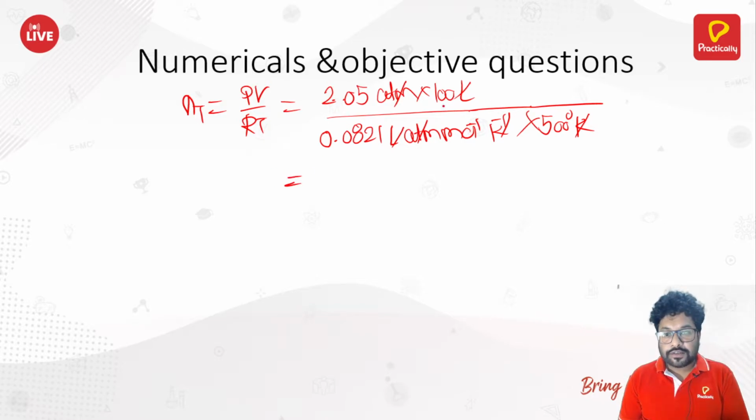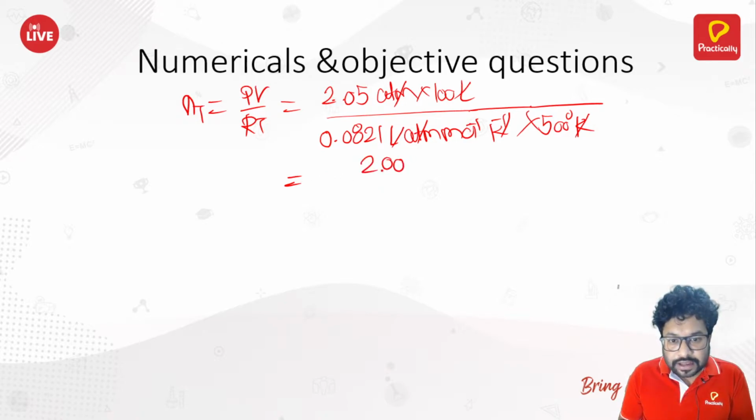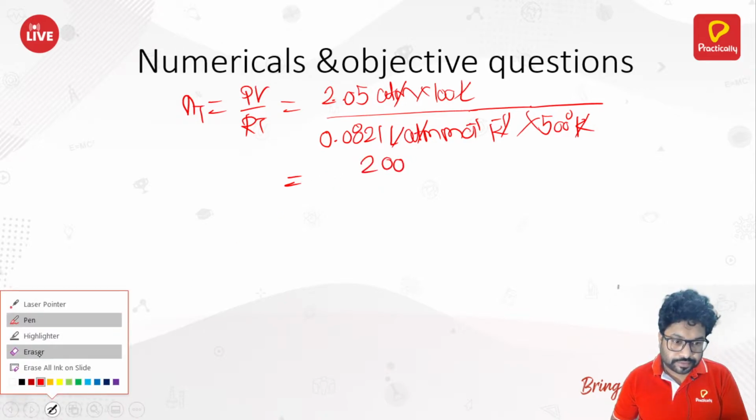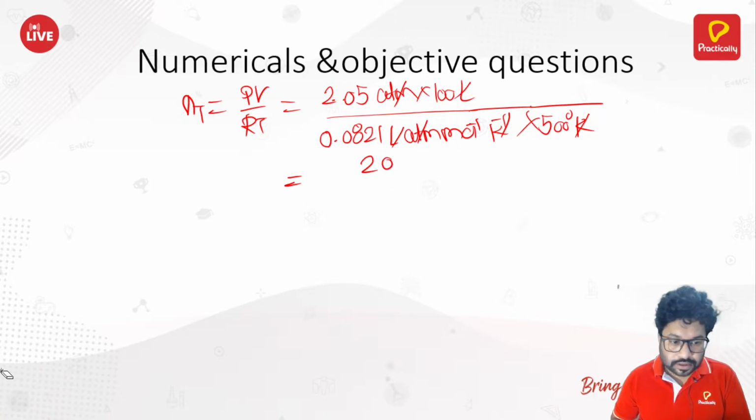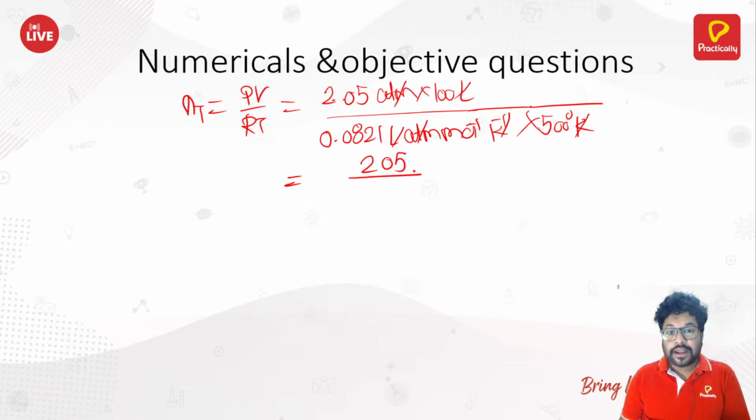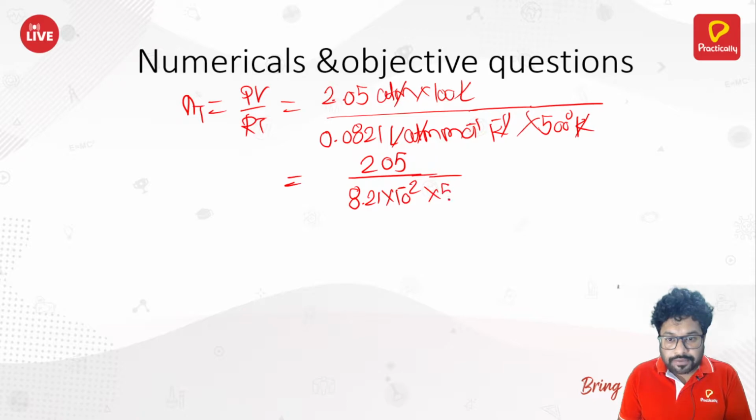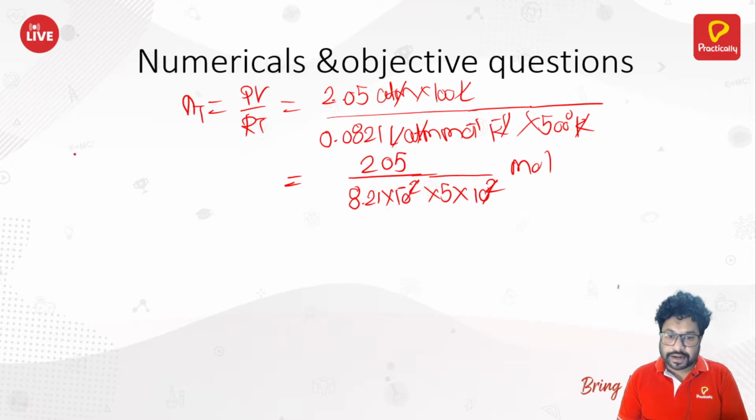2.05 into 100 should be 205. That is equal to 205 divided by 8.21 into 10 raised to minus 2 multiplied by 5 into 10 raised to plus 2 mole. 10 raised to minus 2 and 10 raised to plus 2 get cancelled; that becomes 1 ultimately.